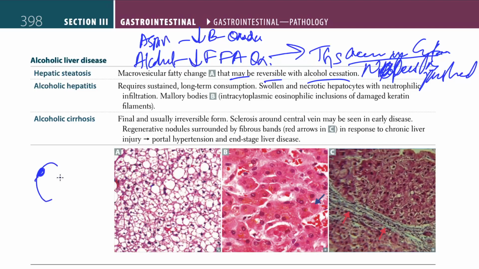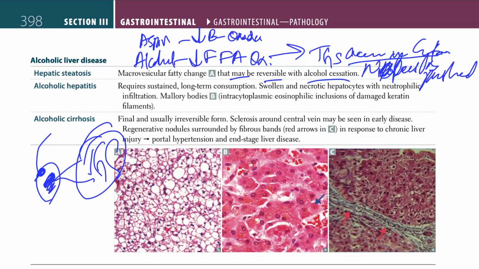I'm not saying it's a signet ring, but just think about it the same way. The nucleus has been pushed towards the periphery, and you have all the triglycerides in the cytoplasm. Why? Because you have decreased free fatty acid oxidation because you have taken alcohol.